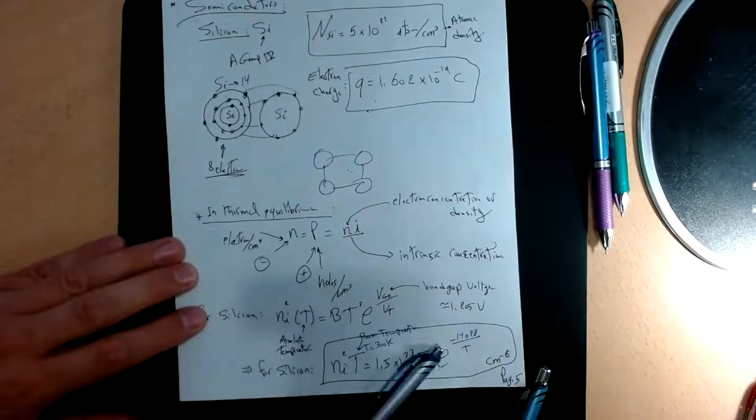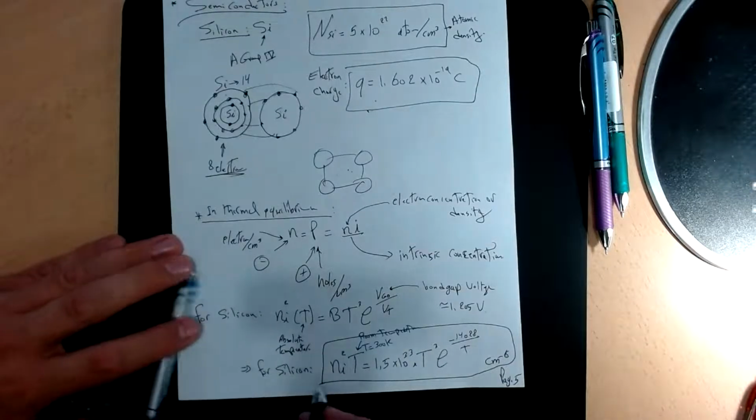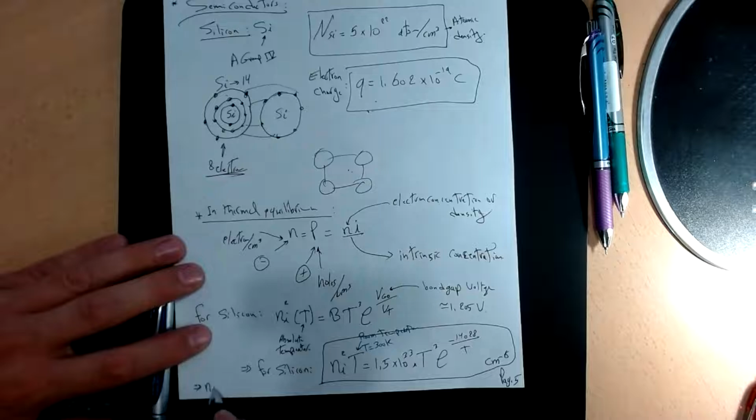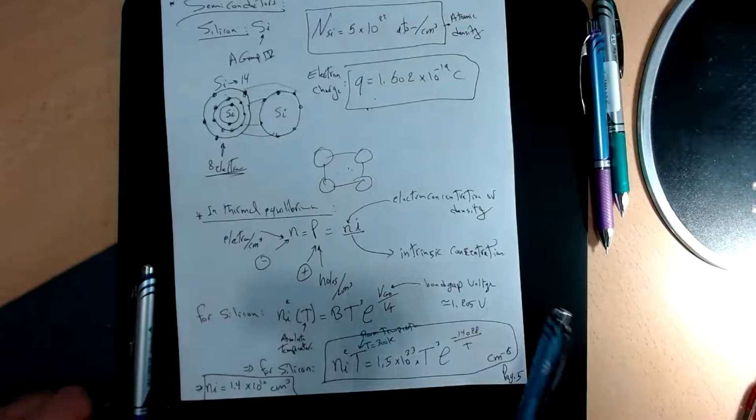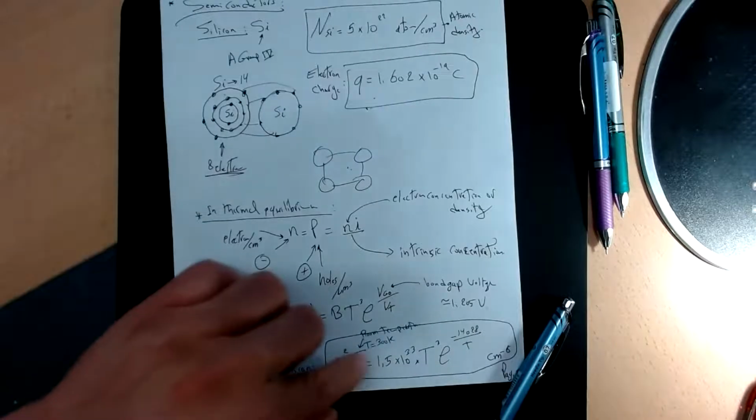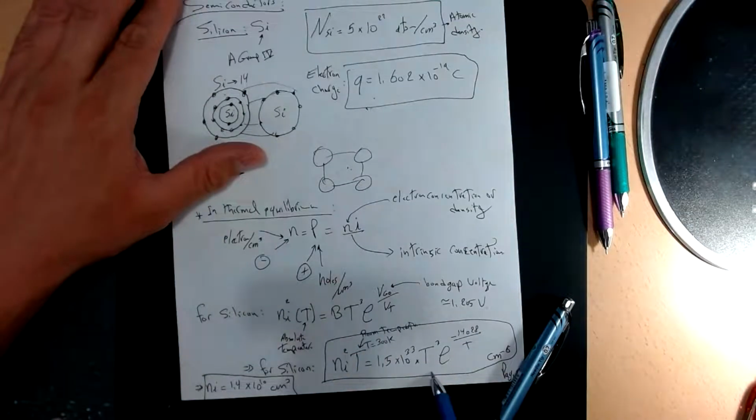If you do that, ni is equal to a constant 1.4 times 10 to the power 10 per centimeter cubed. So by doing all of these calculations.